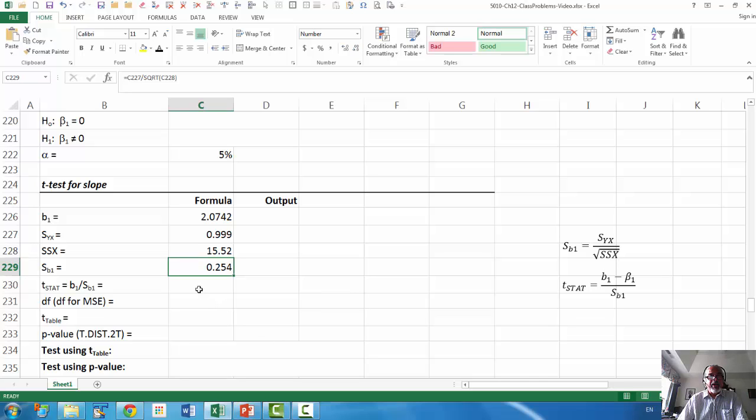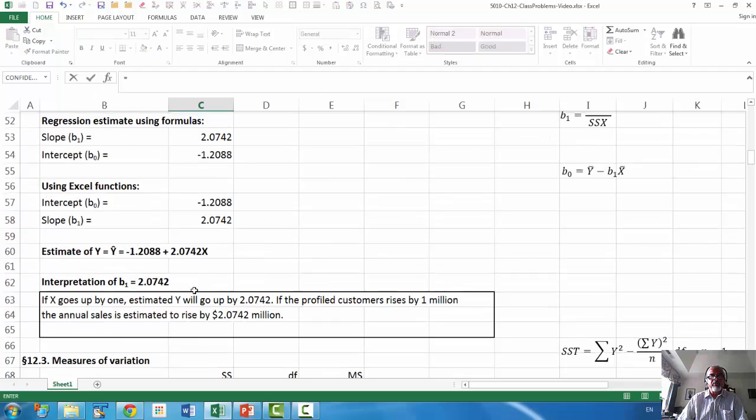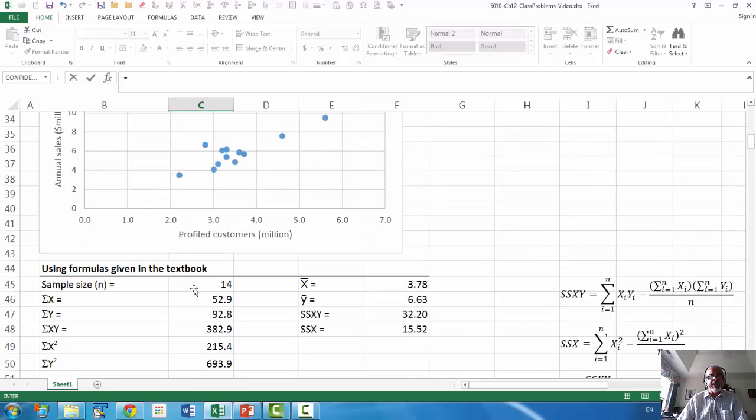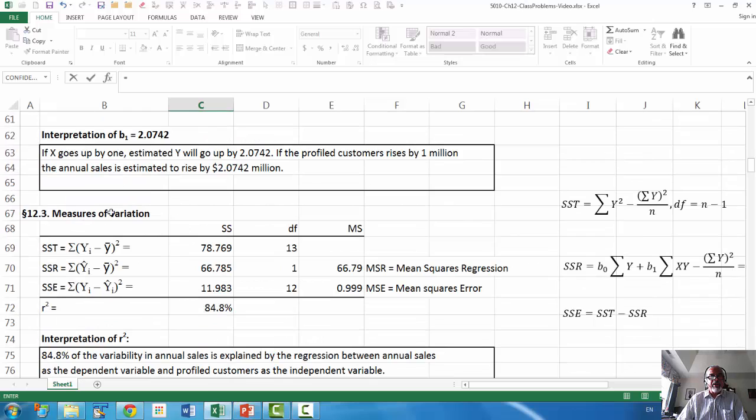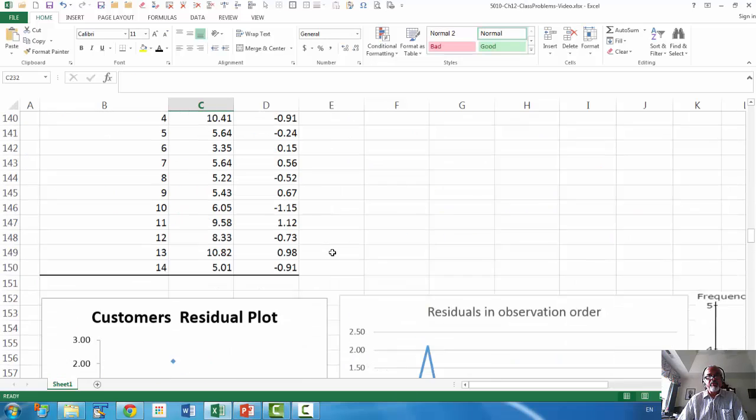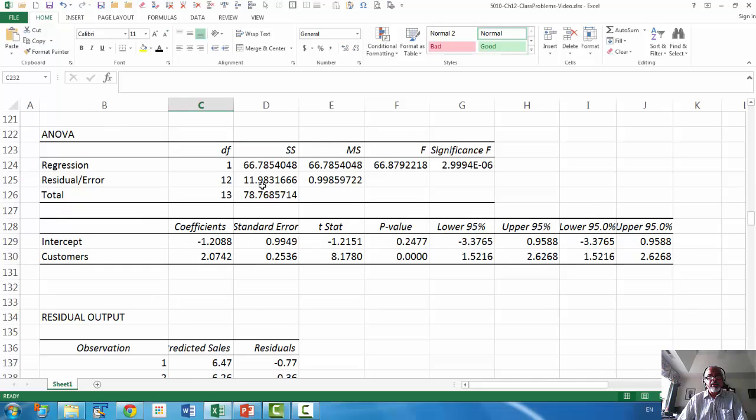So now the t-stat will be b sub 1 divided by the standard error of b sub 1, and the degrees of freedom is n minus 2, which is the same as the degrees of freedom for MSE, which we have from two different places. Initially, when we set up the measures of variation table, we have the SSE degrees of freedom right there, or we can get the same thing from the regression output, where here is the degrees of freedom for error.